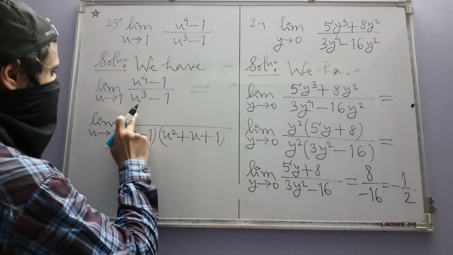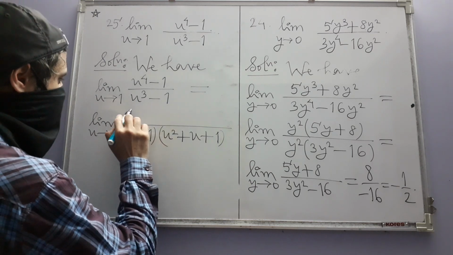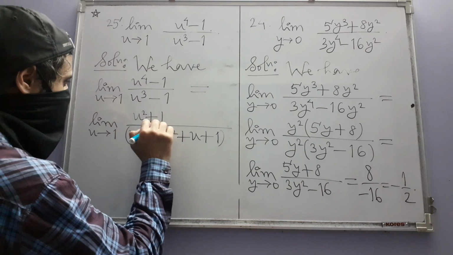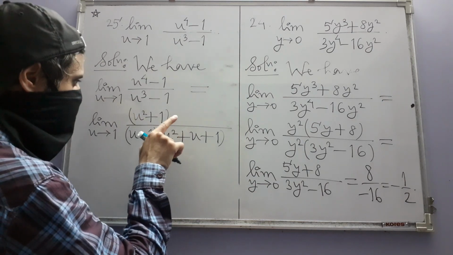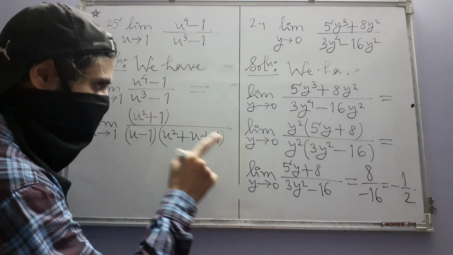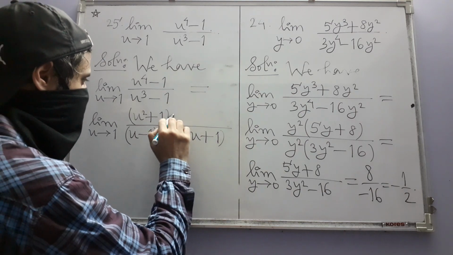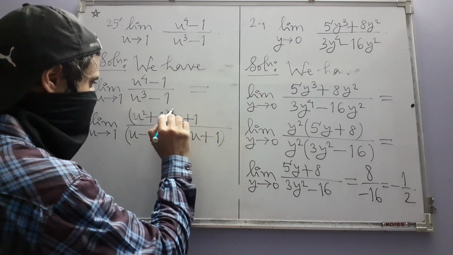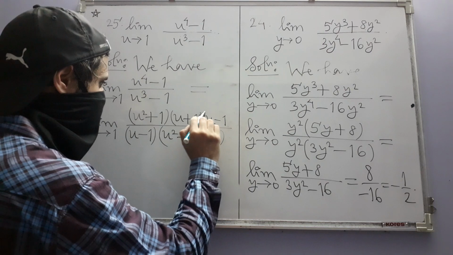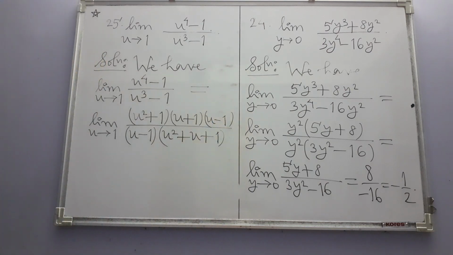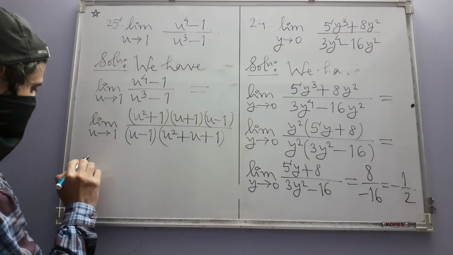It can be factorized, and actually it will happen 2 times. Once you would write u square plus 1, okay, let me write that, times u square minus 1, but that u square minus 1 itself can be written as u plus 1 times u minus 1.